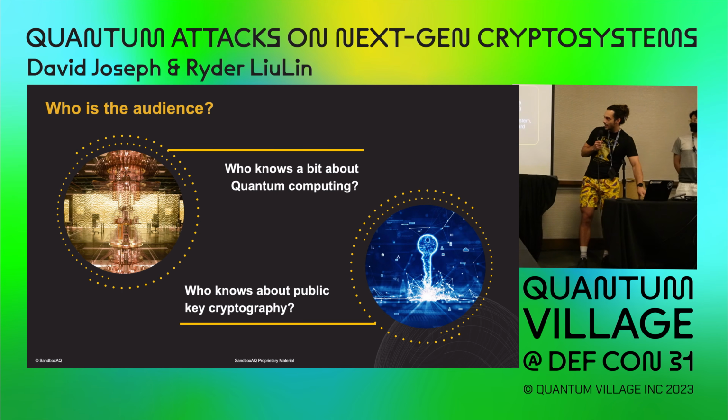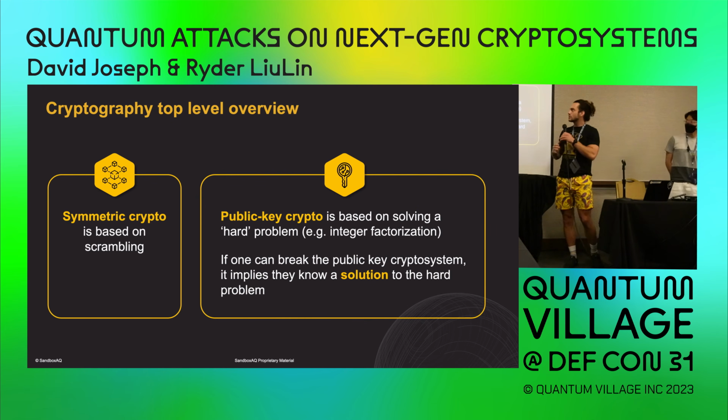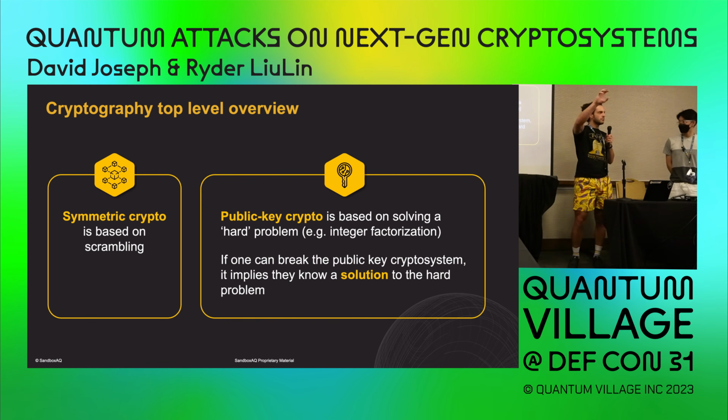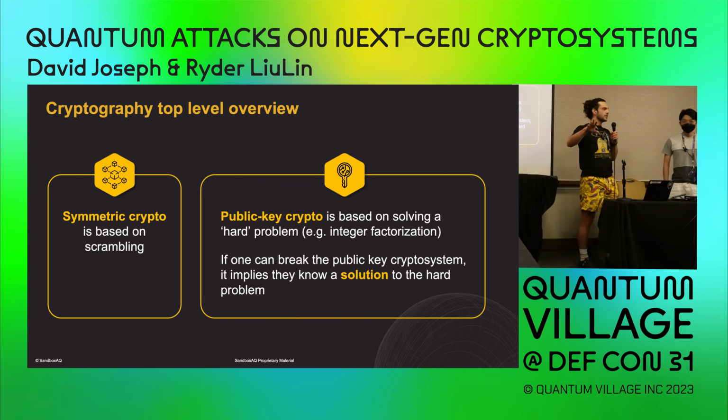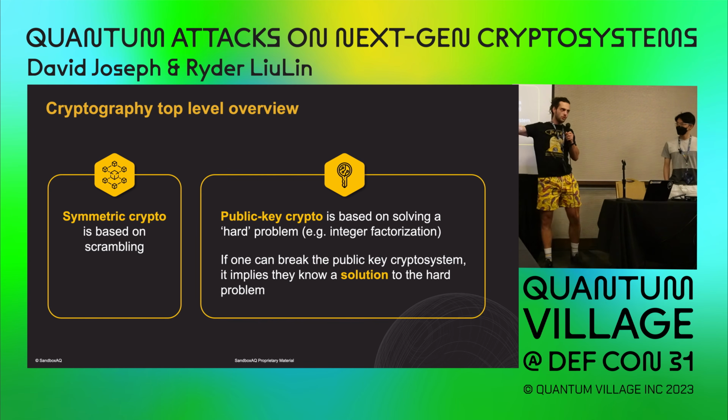Very nice. So the gist of cryptography, seeing we've got a few cryptographers, but not too many people are native cryptographers. Generally speaking, we've got the symmetric cryptography, which is kind of like the old stuff, pretty efficient stuff. AES, hashes are based on that, and essentially it's lots of scrambling. It's kind of interesting, but the really juicy, interesting stuff, as far as I'm concerned, is in this public key cryptography.